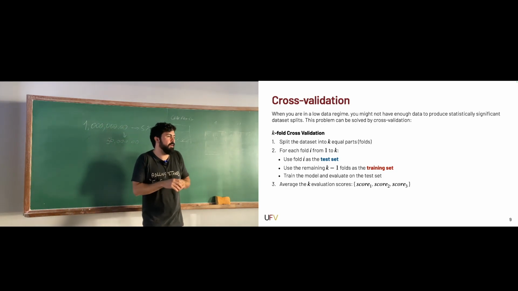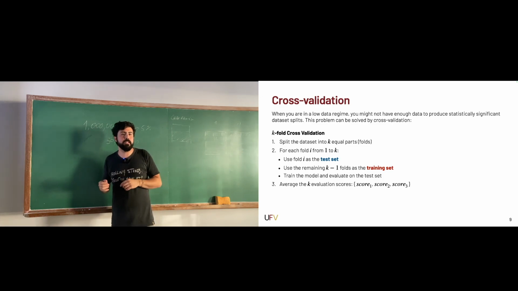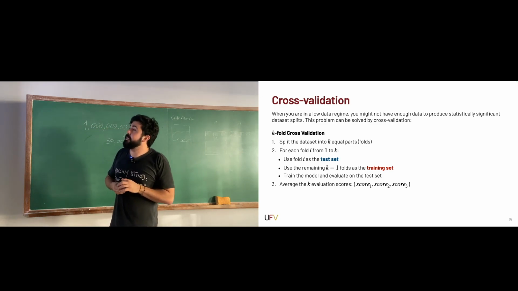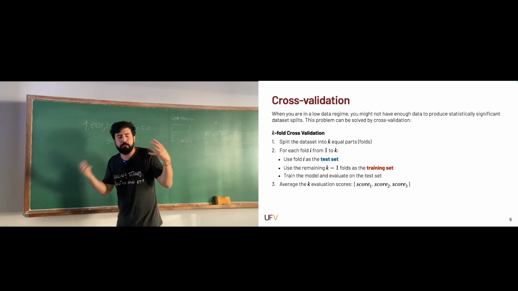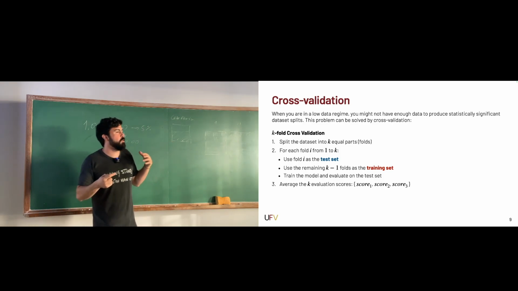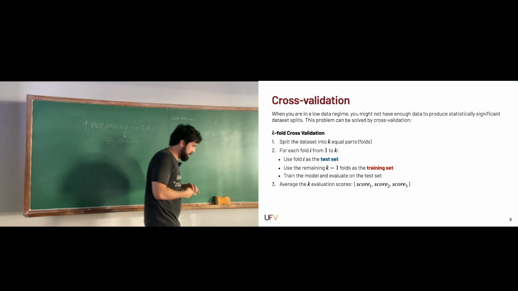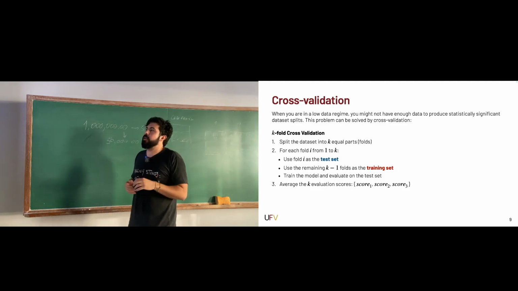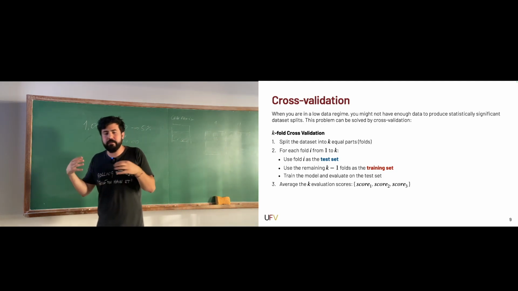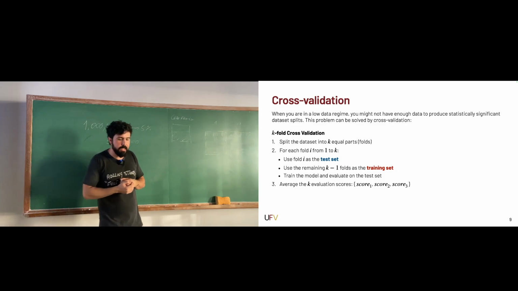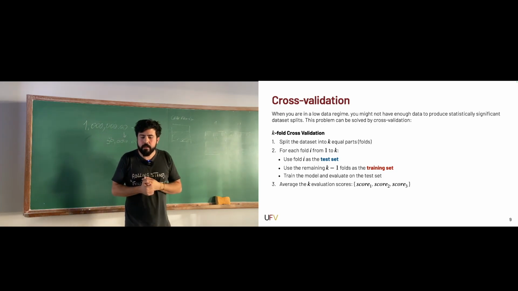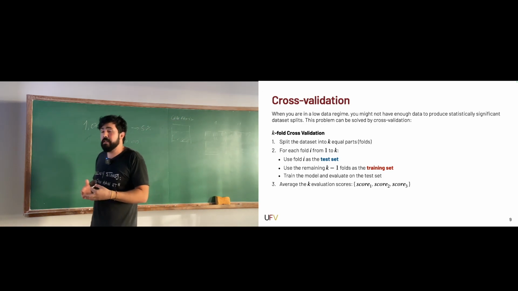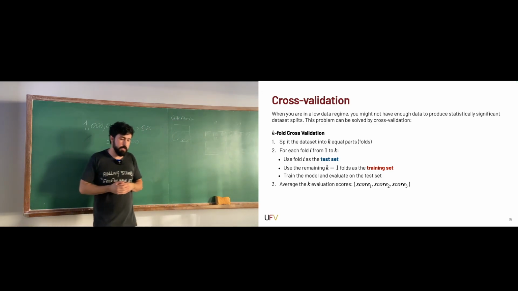You might have 30 data points or something like that. And in this case, if you split at random, you might not get really good generality or a good set of examples in your training, validation, or testing sets. In other words, these splits won't be statistically significant, right?